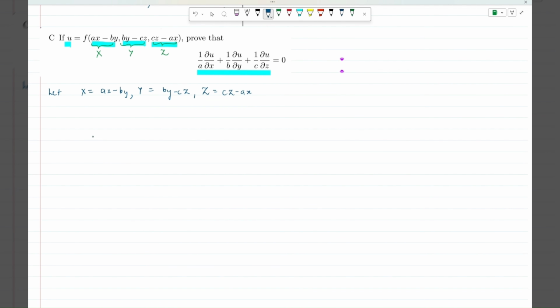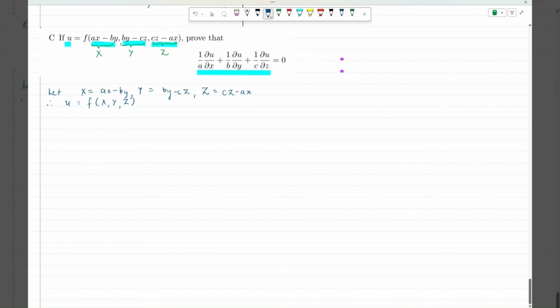Therefore u becomes a function of capital X, capital Y and capital Z. Now we'll take help of something known as a lattice, which helps us understand the relationship between the function and the intermediate variables as well as the independent variables.